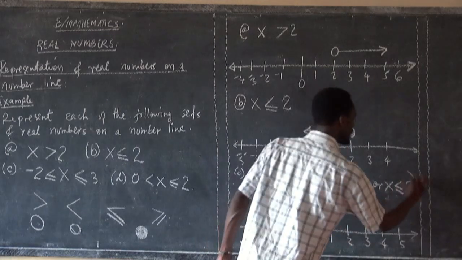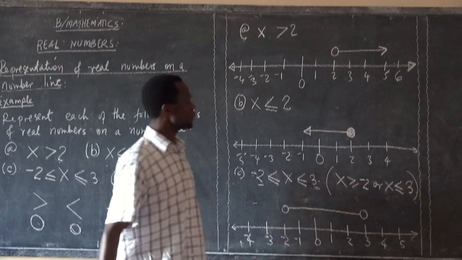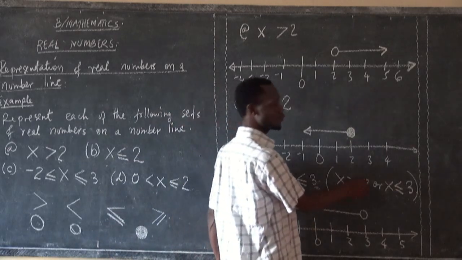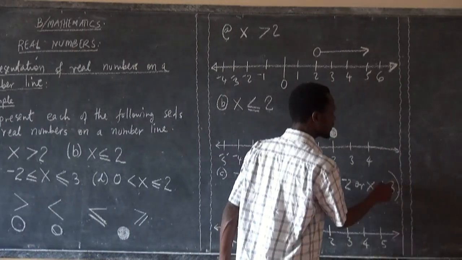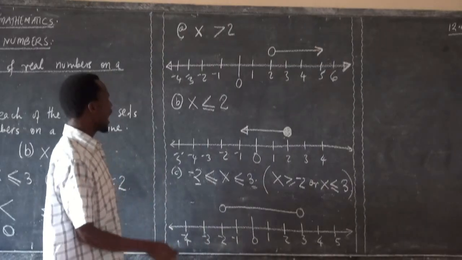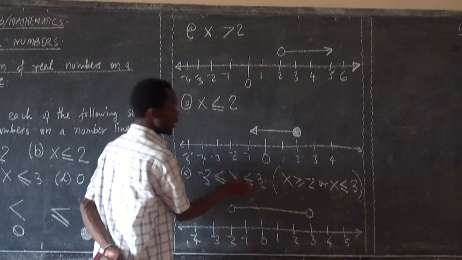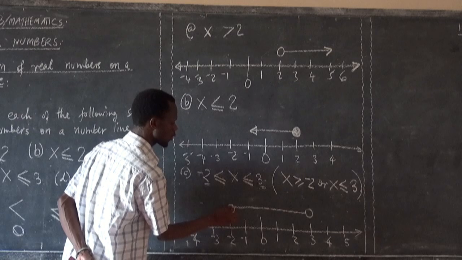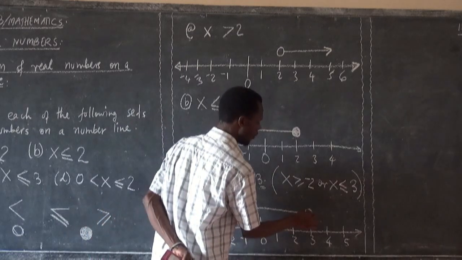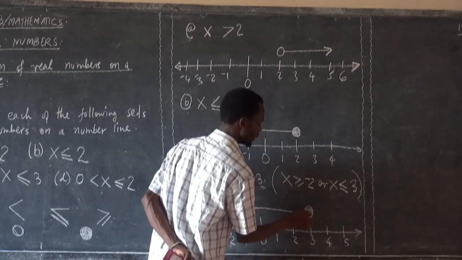So we have two things. X is not supposed to be less than -2, and x is not supposed to be greater than 3. Now this is to say -2 is included, and also here positive 3 is included.